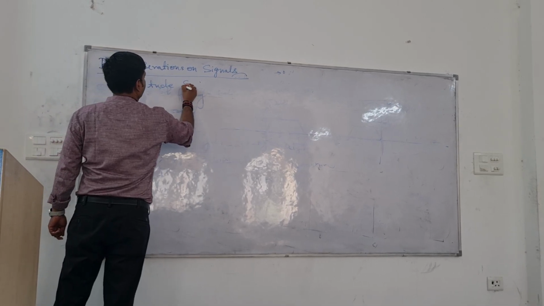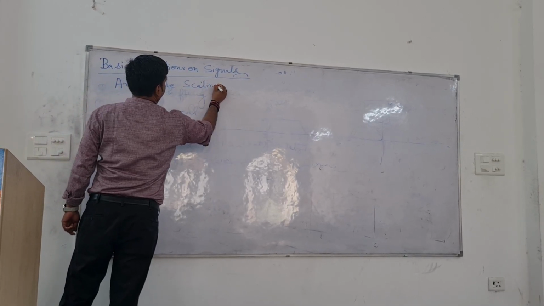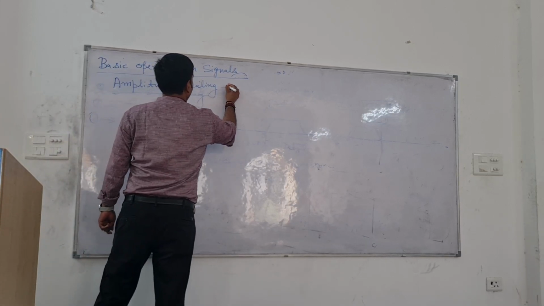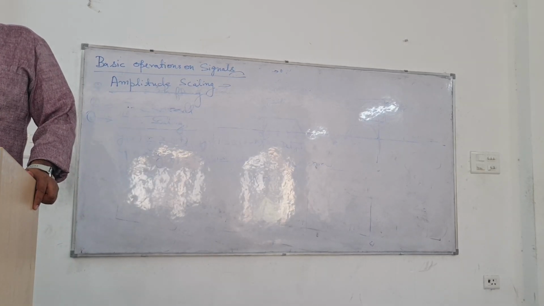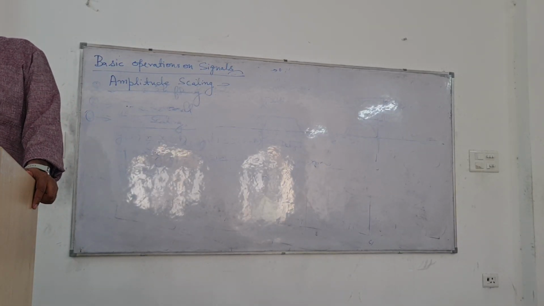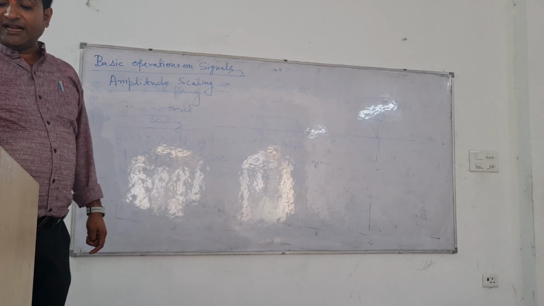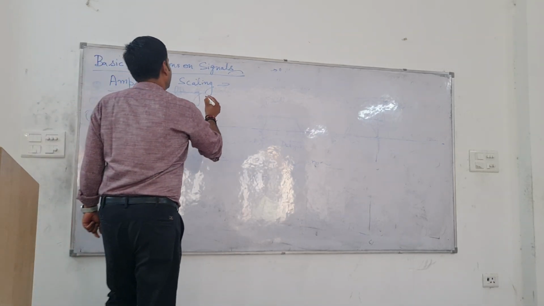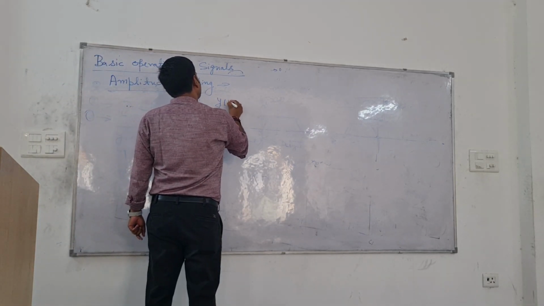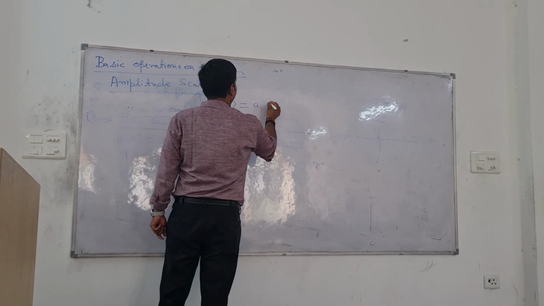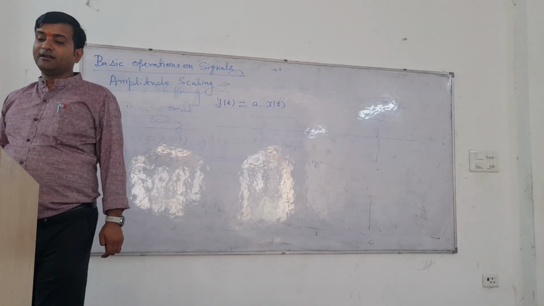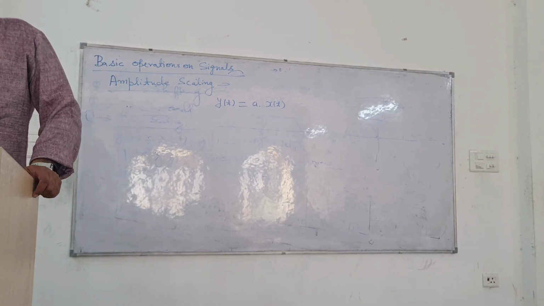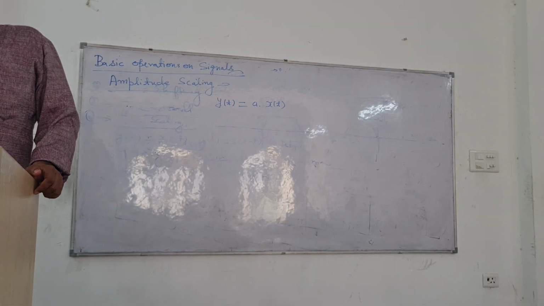This is the operation on the dependent variable. Take the example of amplitude scaling of a continuous time signal: y(t) is equal to a times x(t). This is the case of amplitude scaling.